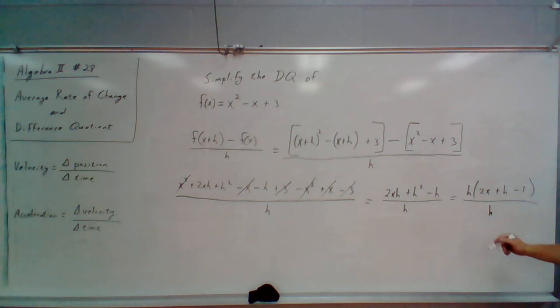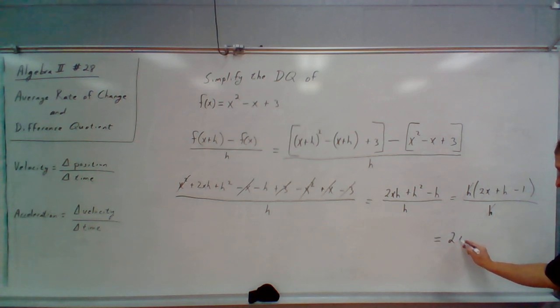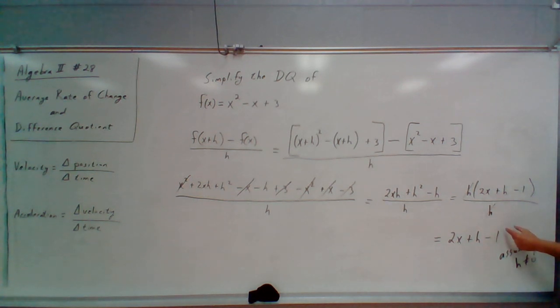Now, as long as h is not equal to 0, I can cancel these guys out, and my final answer will be 2x plus h minus 1, assuming that h is not equal to 0. If h was equal to 0, this one would be undefined. Can't have a 0 on the bottom.